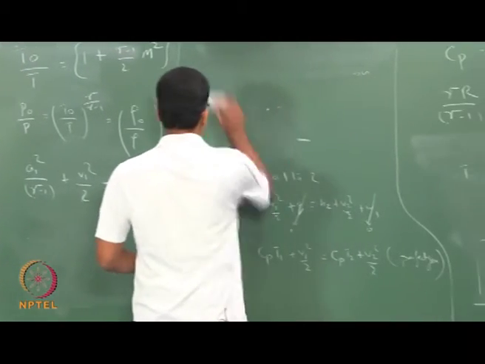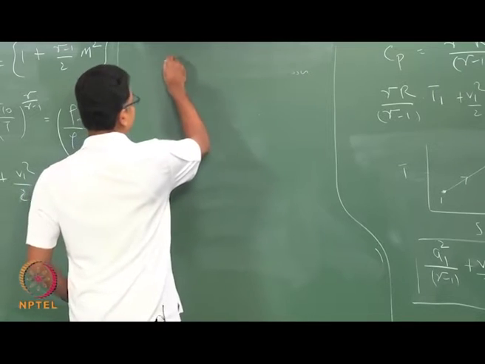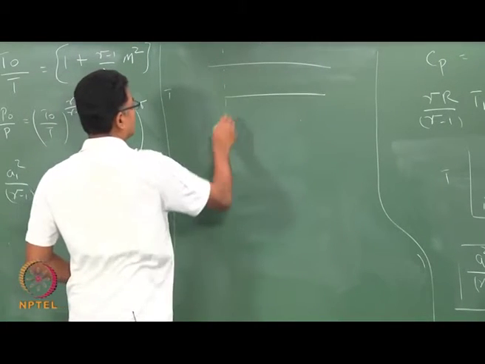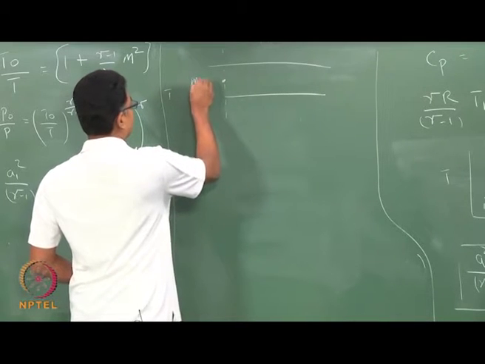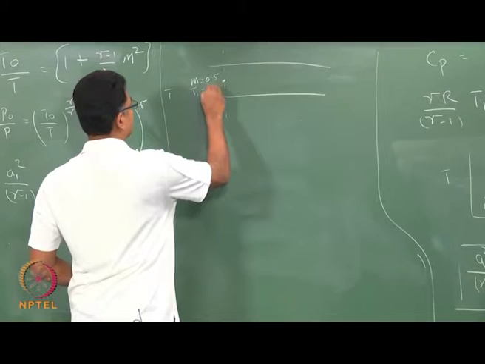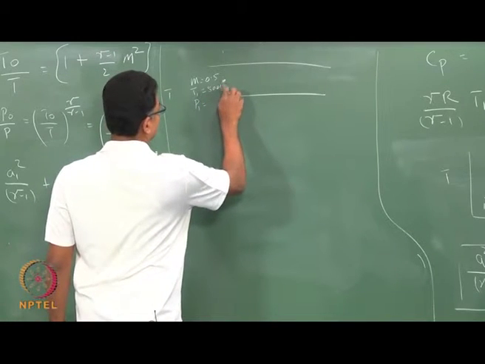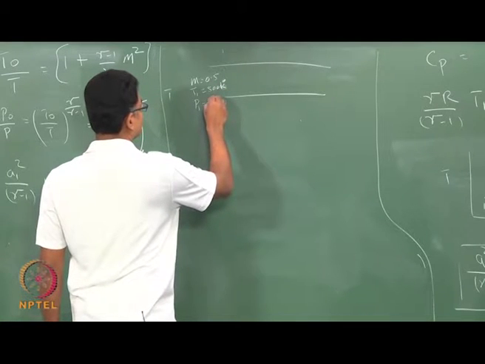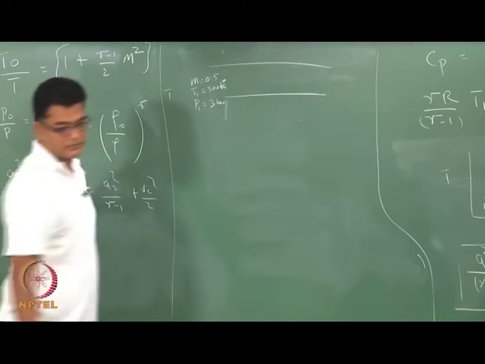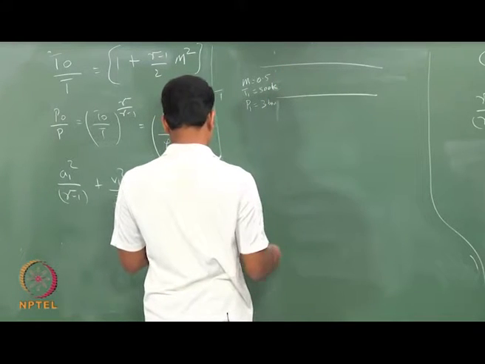So, the first problem is: I have a duct, location 1, my Mach number is 0.5, static temperature is 500 Kelvin, my static pressure is around 3 bar.